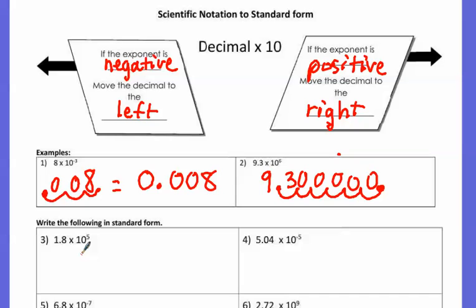Let's try 3 and 4 together. Number 3, the exponent is positive 5. So I'm going to move my decimal 5 places to the right. Remember to fill in any empty spaces with a 0.